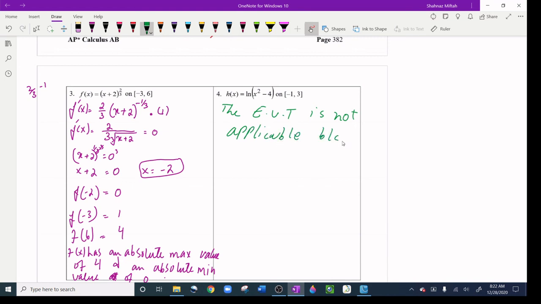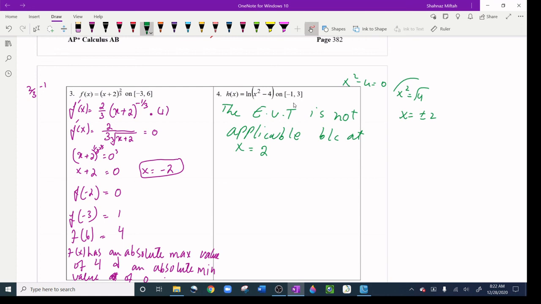Because x squared minus 4 equals 0 gives x squared equal 4, and square root gives positive and negative 2. The positive 2 is between negative 1 and 3, but at x equal 2, f of x is undefined and not continuous.